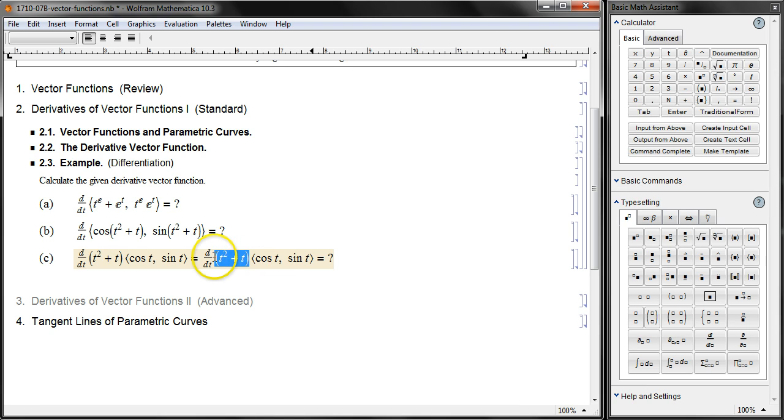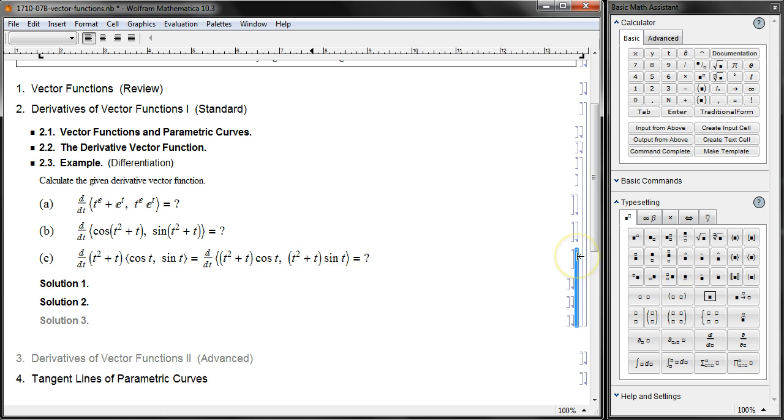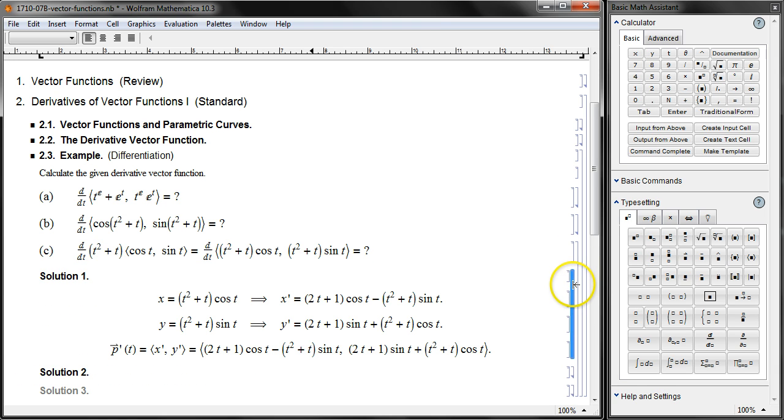You can push this scalar multiplication into each component, and then what do you have? We have this product and we have that product. You can calculate the derivative of each using the product rule. Here we go. X prime computation using the product rule and y prime computation using the product rule.